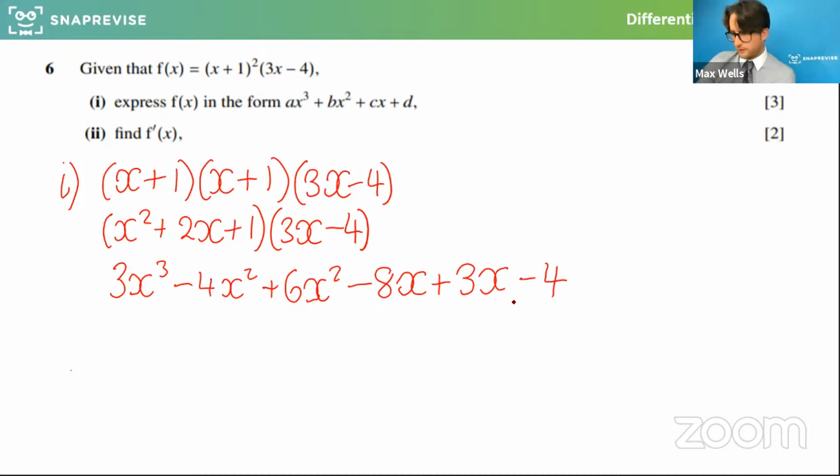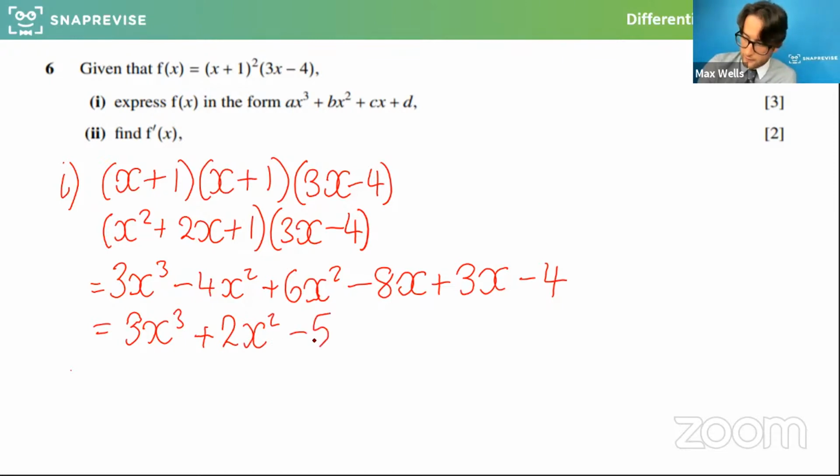Check I've done that right. I think we're good. And that will all tidy up, hopefully, to 3x cubed plus 2x squared minus 5x minus 4. So that's the expanded version of f of x.